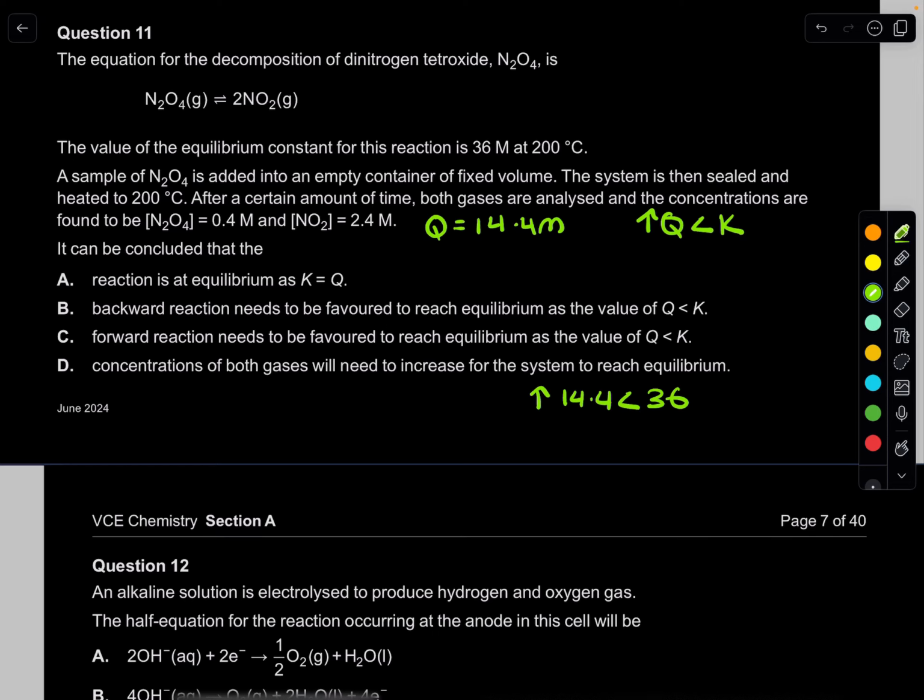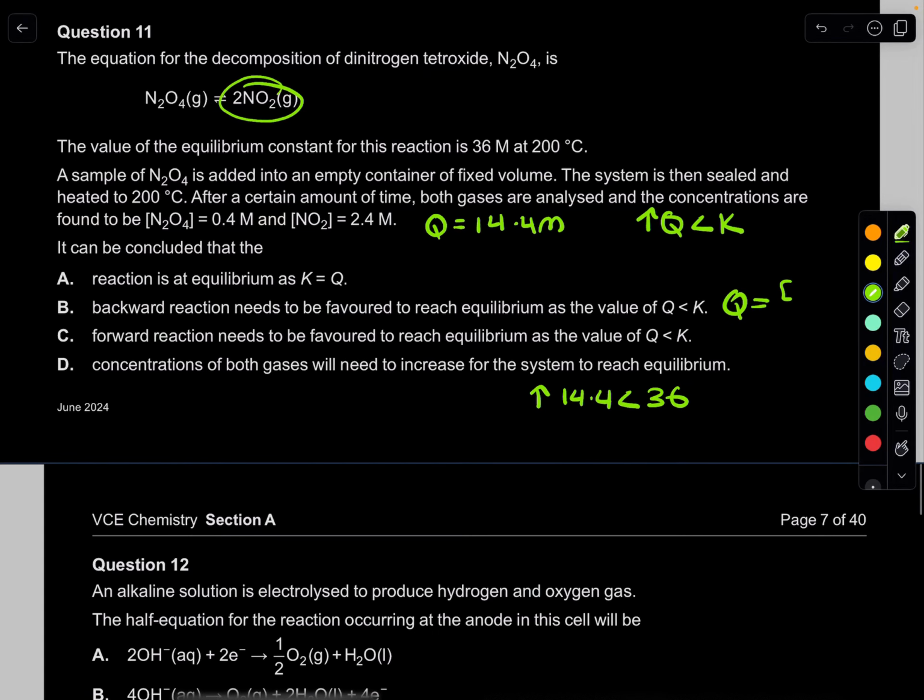And for it to increase itself, think about it. It's basically this formula. I just kind of rubbed it out, but let me write it here. So the reaction quotient is NO2 squared over N2O4. Now, for Q to increase, what has to increase?